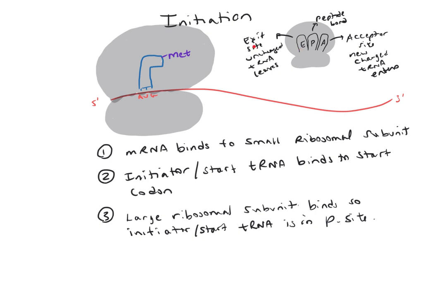And then the E site is where the uncharged tRNA leaves. Now, these have different, more complex names in the textbook, and you don't have to worry about that for this class. Okay, so here we are. The ribosome is positioned where the start codon is being recognized, and now initiation is done, and it's going to transition into elongation.